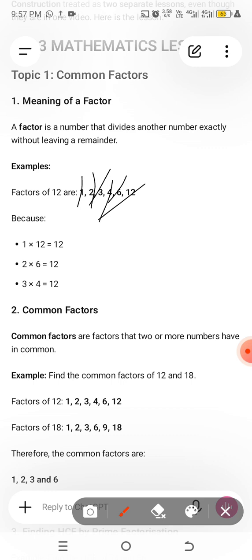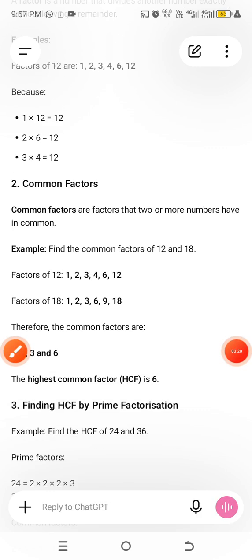Yes. 12 over 6 is 2, then 18 over 6 is 3. So we look at 1, 2, 3, then this 6. So the common factors are 1, 2, 3, and 6. Do you understand? Let's move on.